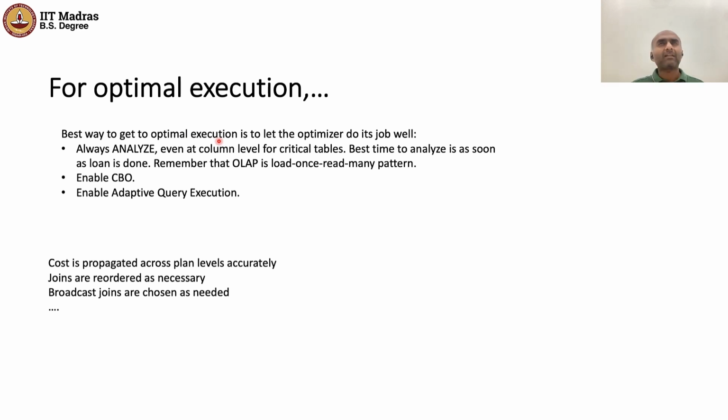And in practice, you will see that the OLAP spectrum is such that you're not going to go back and modify the same data again and again. You're going to load it once, and you're going to read it again multiple times. You're not going to go back and edit it. So if that's the case, the moment that load is done for a particular partition, at that time, you just analyze the table, you're done with it. So the hit that you take for analysis is like a small percentage of the total load time.